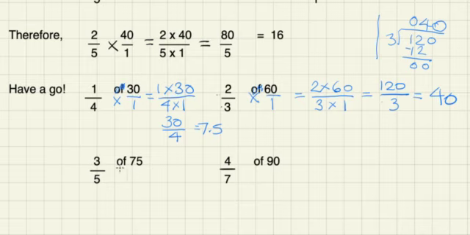Okay, welcome back. We're getting to be old hands at this. We could do this in our sleep almost. Get rid of this. So this becomes 3 times 75 over 5 times 1.